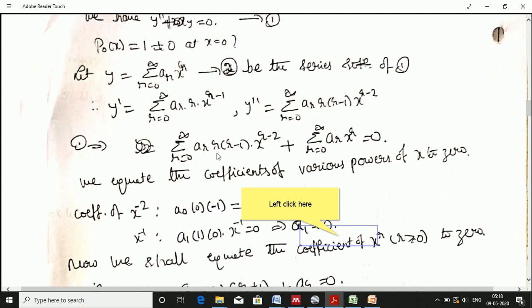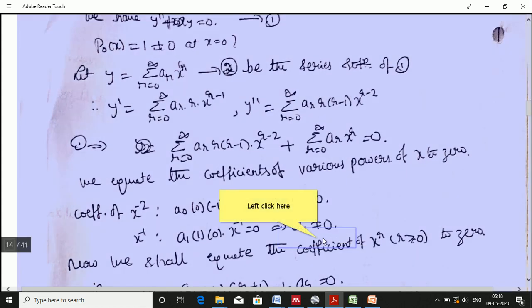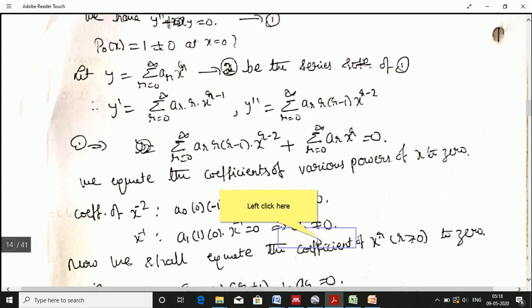The x power minus 1 coefficient is a1 into 1 into 1 minus 1, which is 0, equal to 0. Don't put x power minus 1 here. Because of this 0 that is equal to 0, and 1 is not equal to 0, it implies that a1 is not equal to 0.